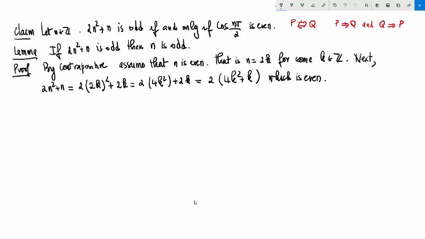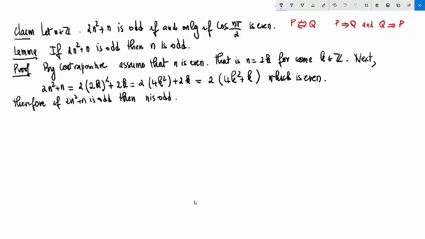That is, we can write n as equal to 2k, where k is some integer. Then 2n squared plus n will then become, very quickly going through the calculations, 2 times (4k squared plus k), which is an even quantity, right? So by contrapositive, our statement holds. So therefore, if 2n squared plus n is odd, then it must be the case that n is odd.